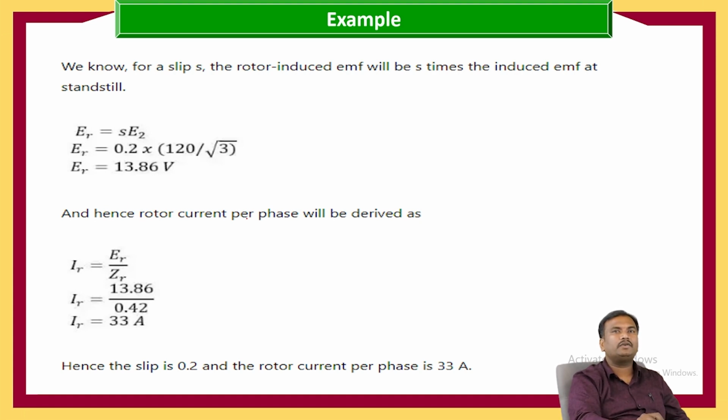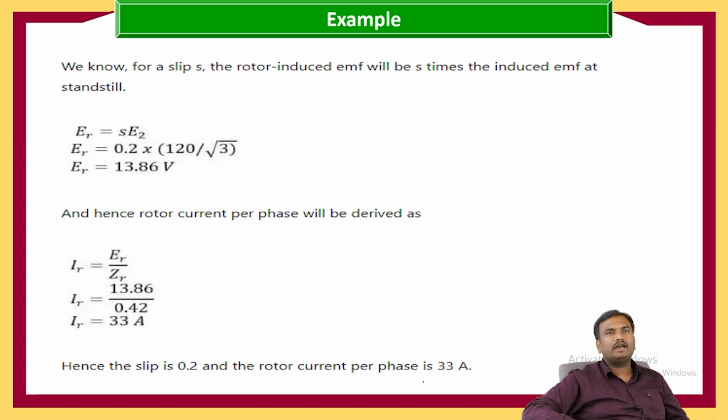Hence the rotor current per phase is IR equal to ER by ZR, that is 13.86 by 0.42, which is 33 amperes. Hence, at a slip of 0.2, the rotor current per phase is 33 amperes.